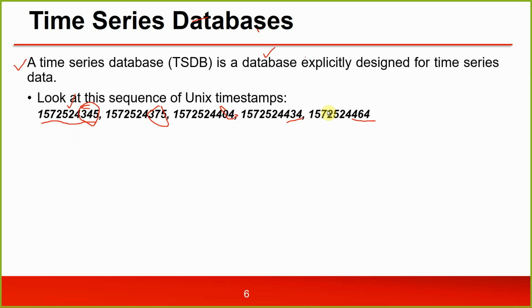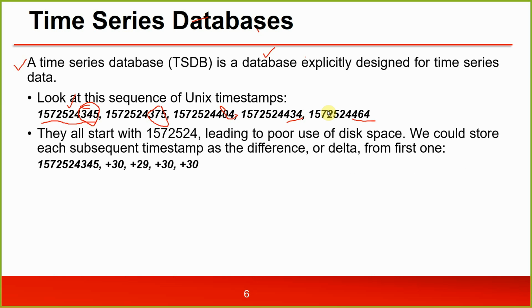If I store the whole bunch of digits in my database, they all start with the same value, 15725254. Therefore, this will lead to poor use of disk space. We could store each subsequent timestamp as the difference, also known as delta, from the first one.